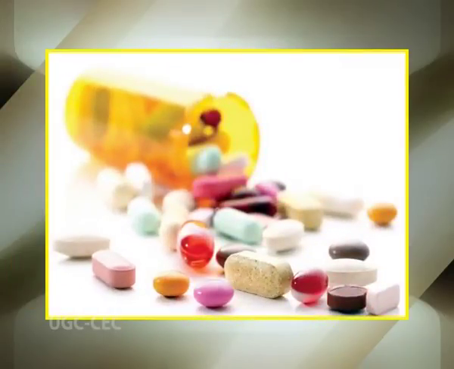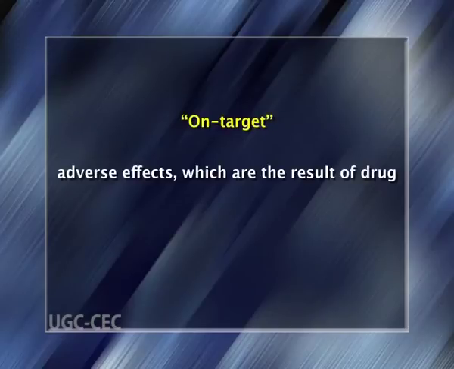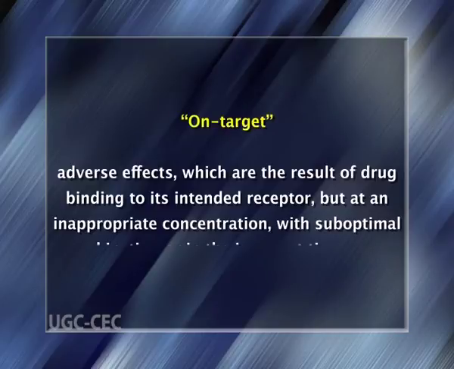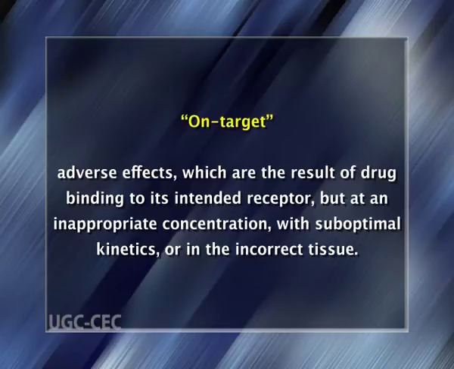While a spectrum of adverse effects may be associated with the use of any drug or drug class, it is helpful to conceptualize the mechanisms of drug toxicity based on several general paradigms. Number first, on target adverse effects, which are the result of the drug binding to its intended receptor but at an inappropriate concentration with suboptimal kinetics or in the incorrect tissue.